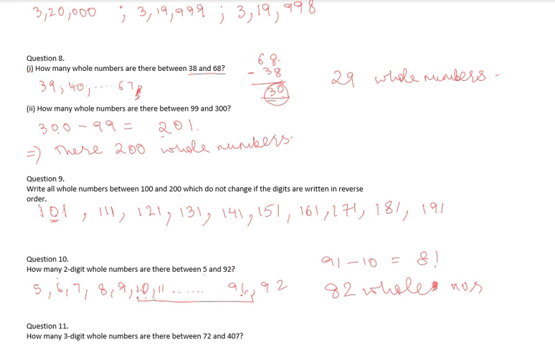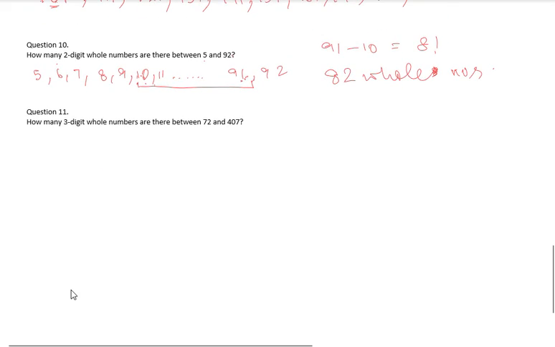The next question, number 11, is how many three-digit whole numbers are there between 72 and 407? So it keeps on going 99, then 100, 101, and it keeps on going to 406, 407.